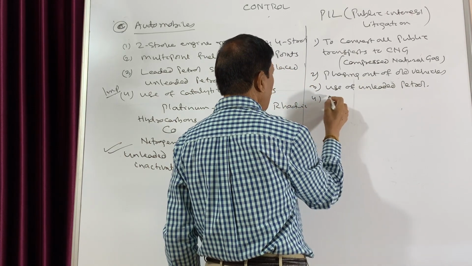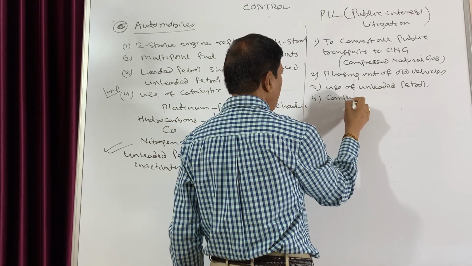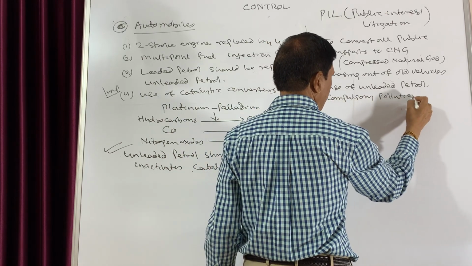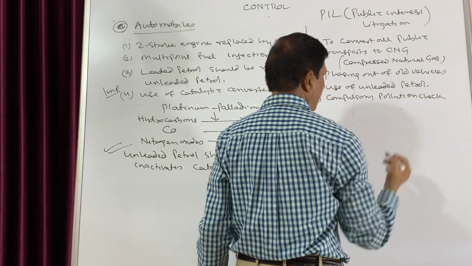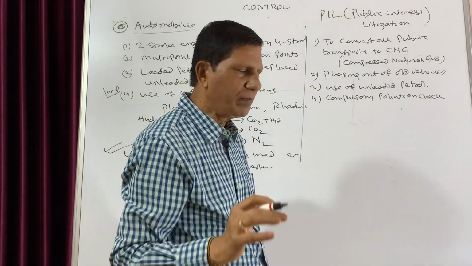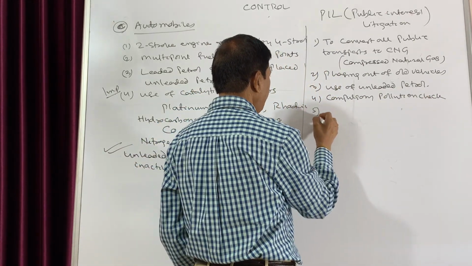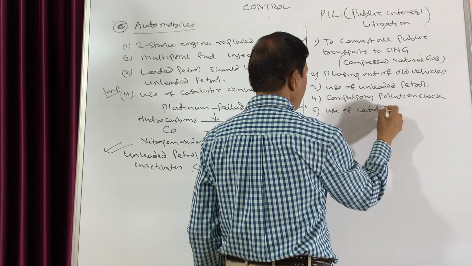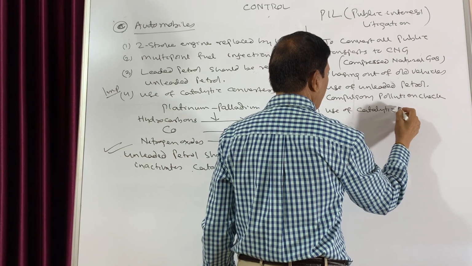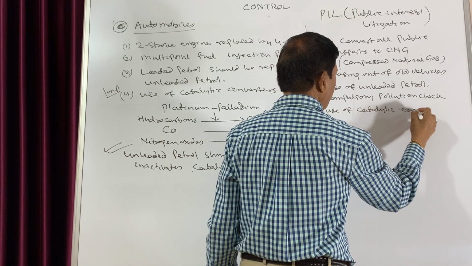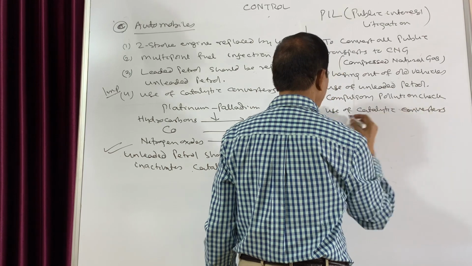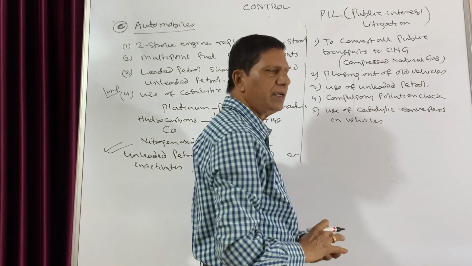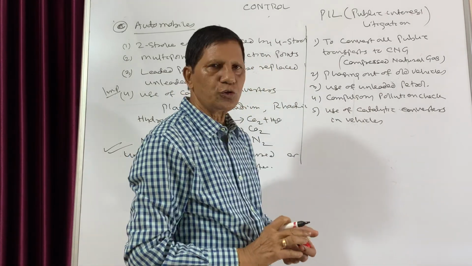And the fourth point, compulsory pollution check of all vehicles. And the fifth point is use of catalytic converters in vehicles. These are the different advices given by the Supreme Court.